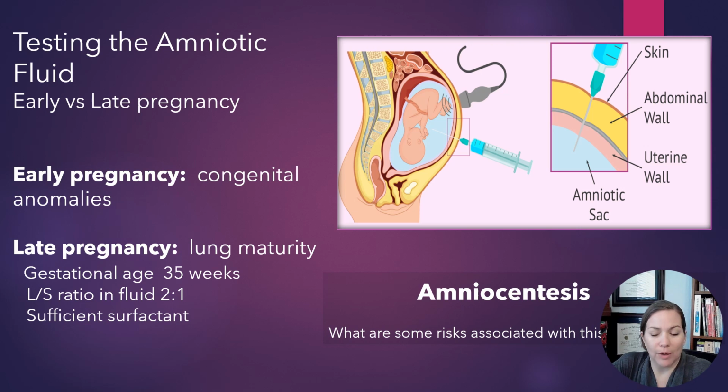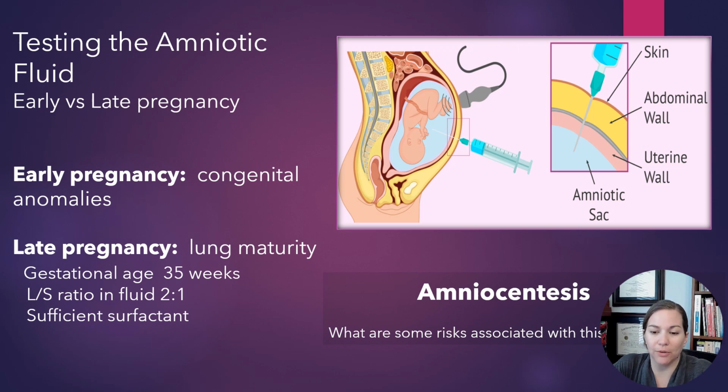So they would get the LS ratio, and if the ratio is 2 to 1, then they estimate sufficient surfactant for the baby to do well outside of the uterus. So they might do this if they think they need to deliver the baby early. They want to see if, for instance, we gave the mom steroids to help develop the baby's lungs. That's betamethasone.